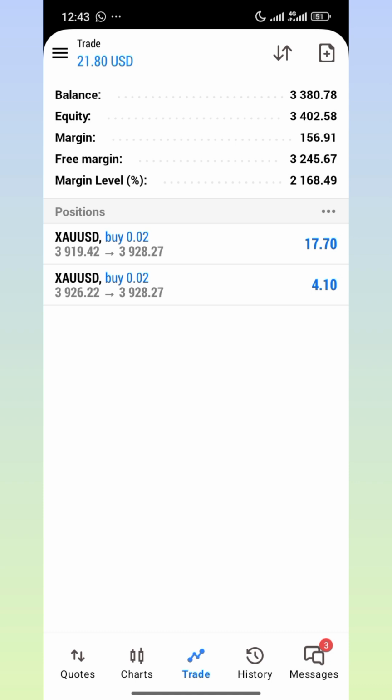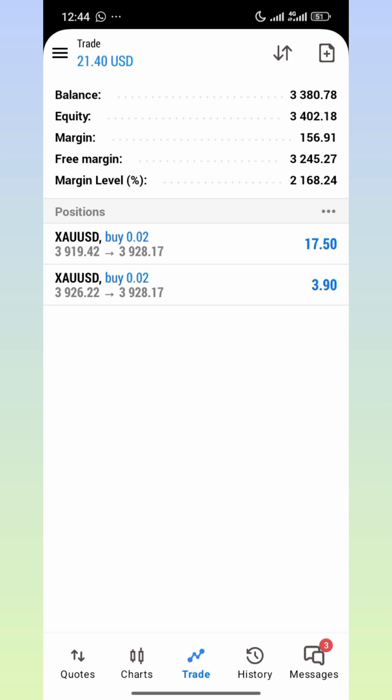For example, some brokers set their margin level at 60%, some 50%, it depends on the broker. You understand? So once your margin level drops to that level, you start seeing messages: you should top up your account. So basically, this is the meaning of all these things.